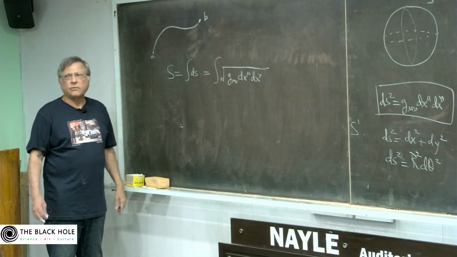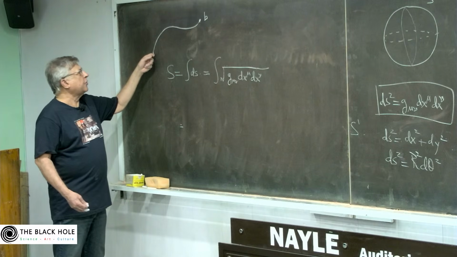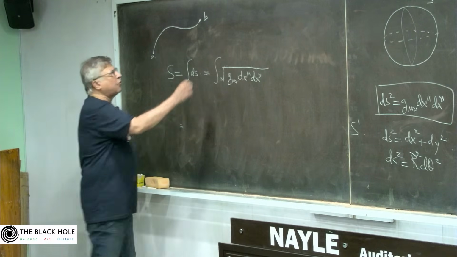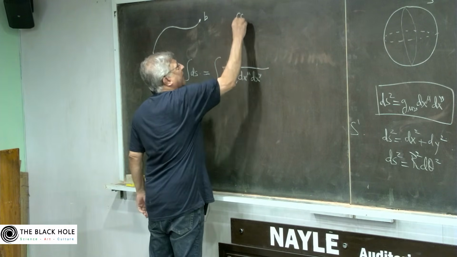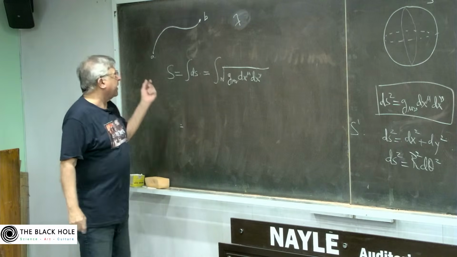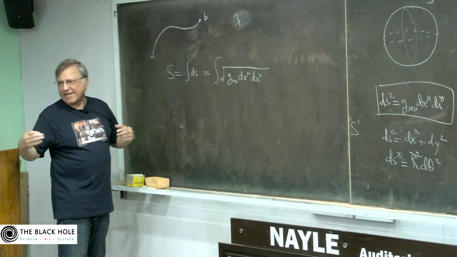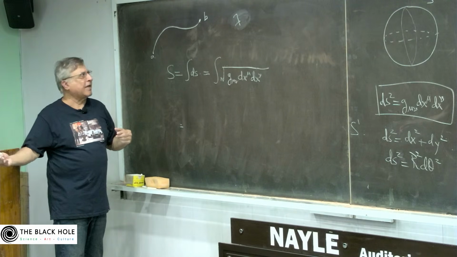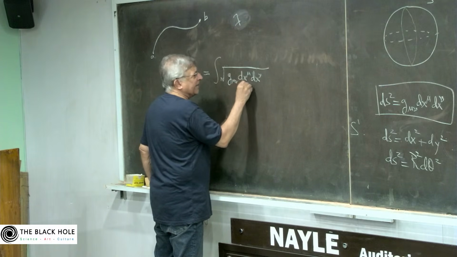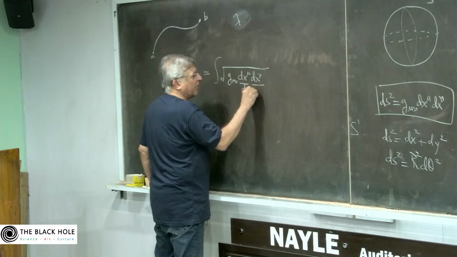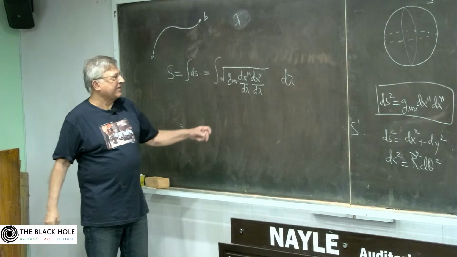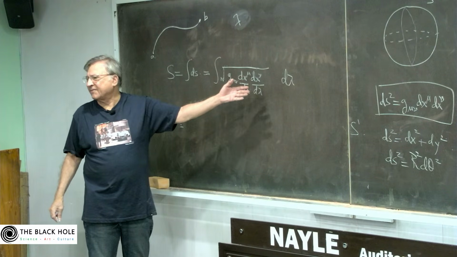So you have something that measures your progress along this path, and let's give that a name, lambda. Each little step you take is an increase in that parameter lambda. So I'll divide this by that small amount, and then multiply by that, and so I've done nothing.